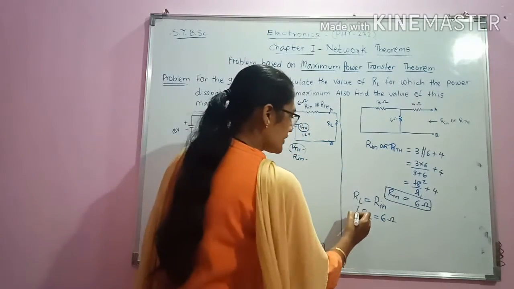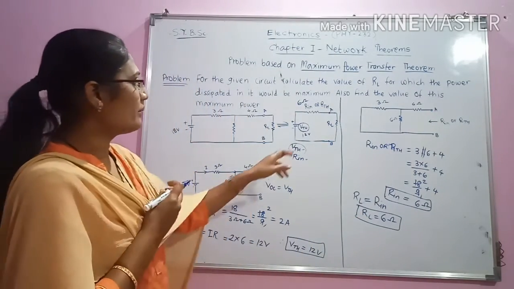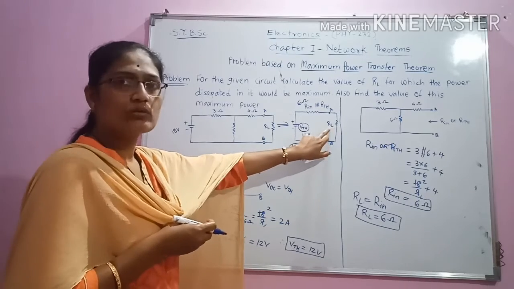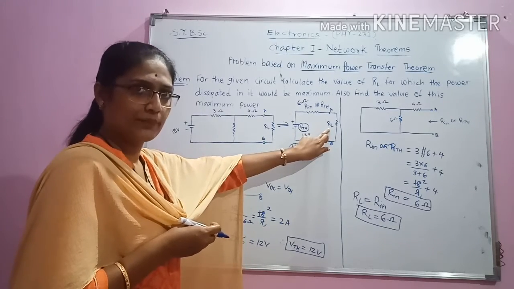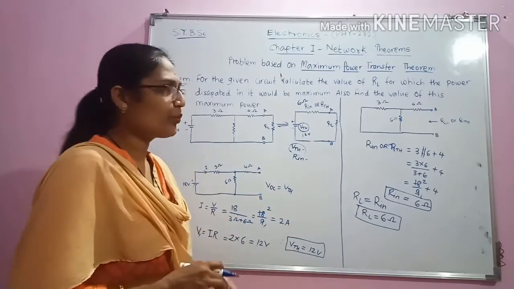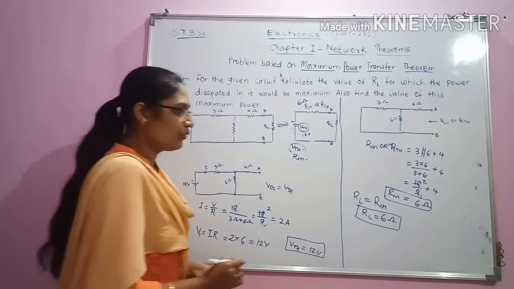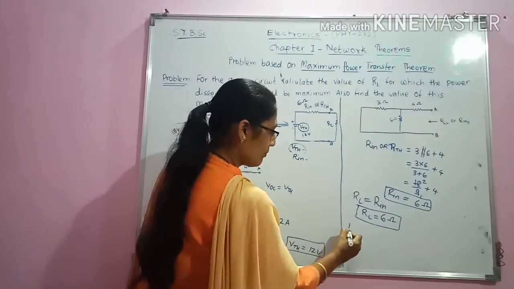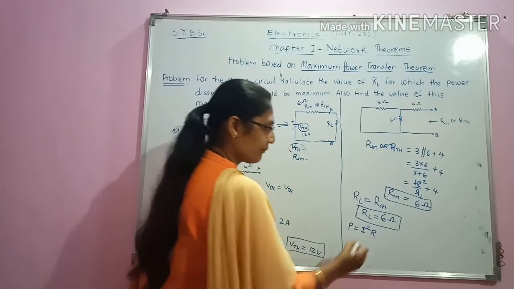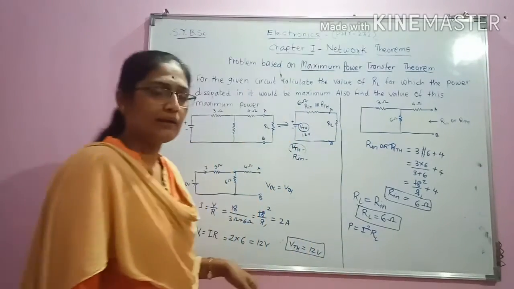Now, what is the next question? The next question is to find out the maximum power dissipated by the circuit to RL. In order to find out the maximum power dissipated to the RL, we should know the formula for power. Power is equal to I square R, across RL, so I square RL.